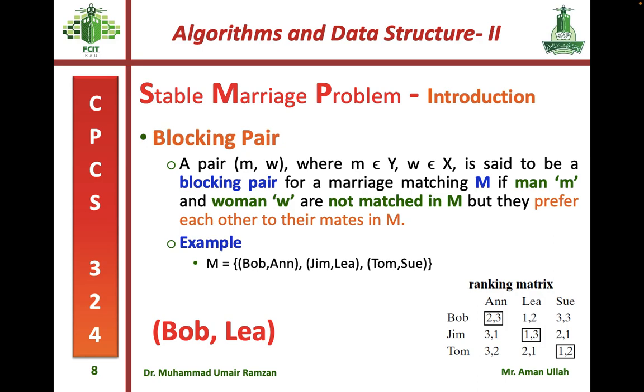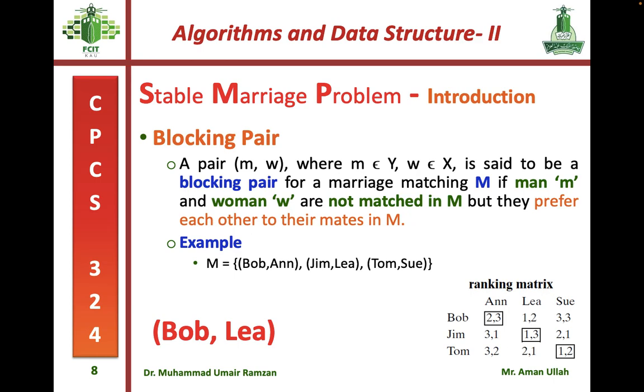For example, Bob and Leah is a blocking pair for the marriage matching Bob and Anne, Jim and Leah, and Tom and Sue, because they are not matched in the set M, while Bob prefers Leah to Anne and Leah prefers Bob to Jim.